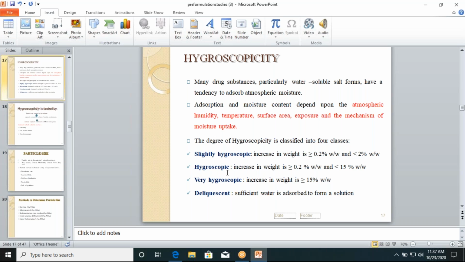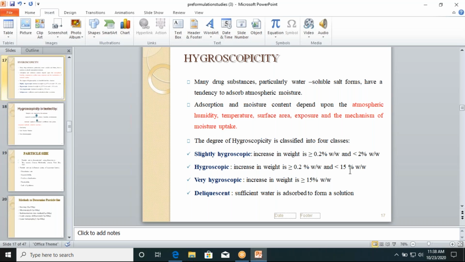When the weight increases from 2% to 15% weight by weight, then it is said to be hygroscopic. Very hygroscopic means the weight of the compound will increase by more than 15% weight by weight. Deliquescent means sufficient water is absorbed to form a solution; the compound will be converted into solution form after absorbing the moisture. So these are the four classifications of a hygroscopic substance.